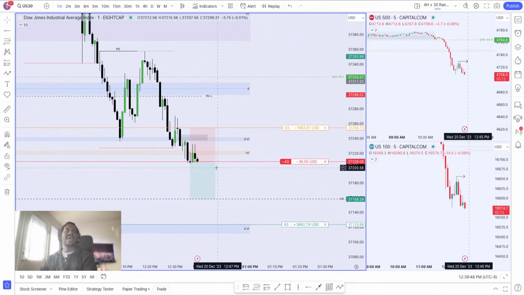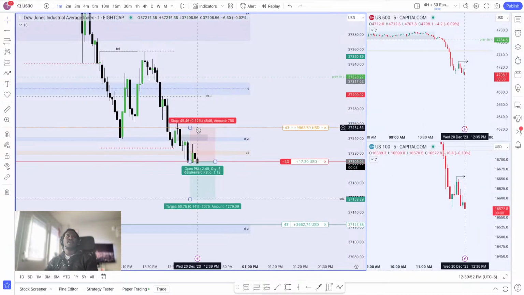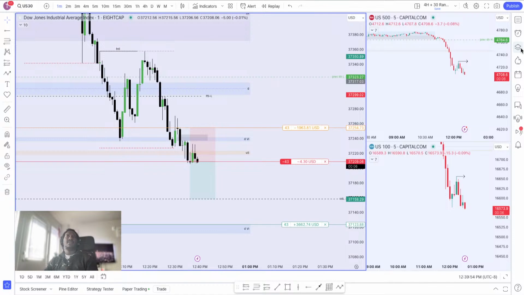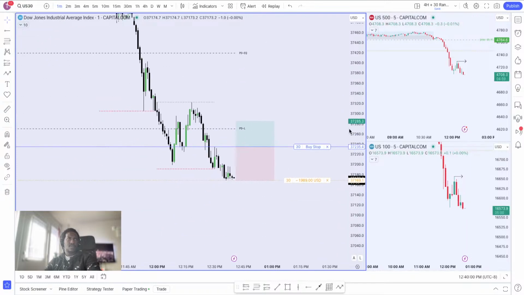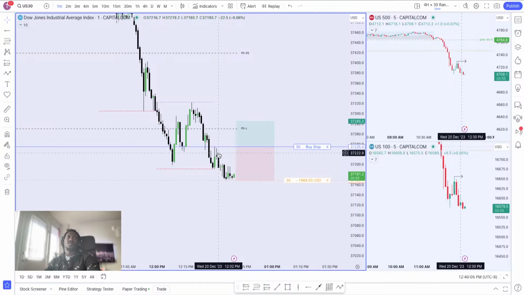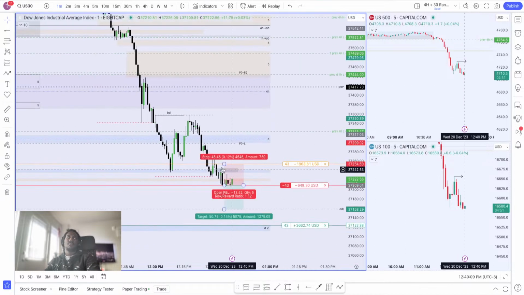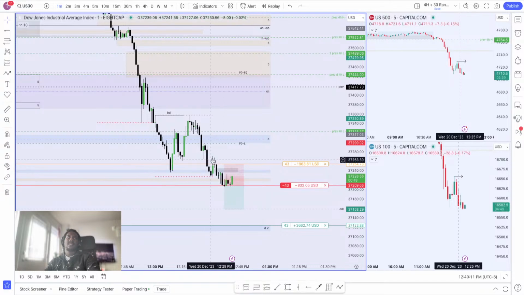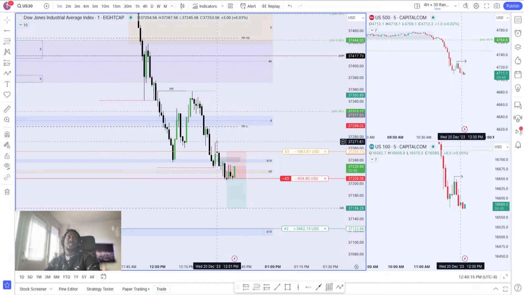So what I have is on the other provider right here, I have a buy stop. Where do I have the buy stop in the first place? The buy stop is on that high right there. My buy stop is at this high right here.